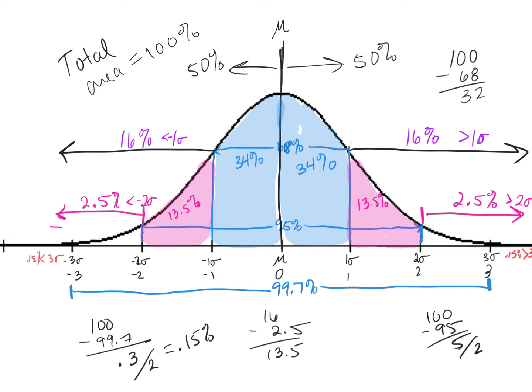So what is that area between negative 2 and negative 3 standard deviations? Well, we can do that subtraction. We can do 2.5 minus 0.15 gives us 2.35. So this little red area between 2 and 3 standard deviations is 2.35%.